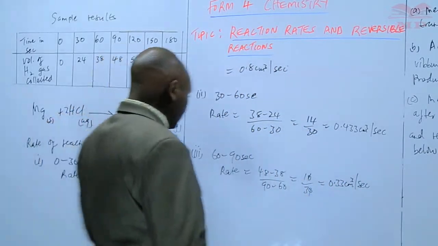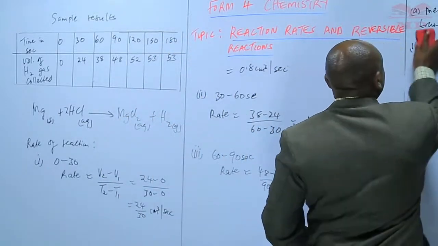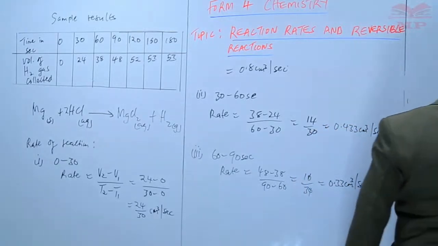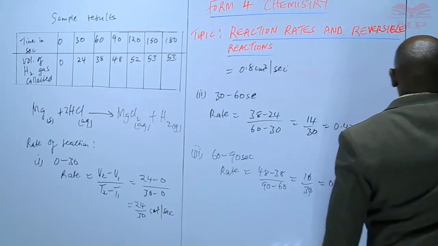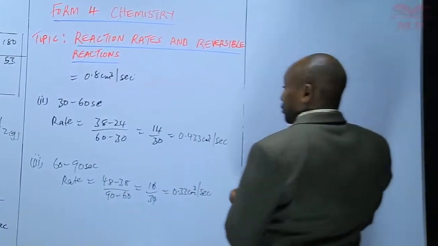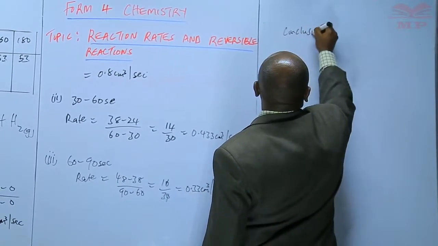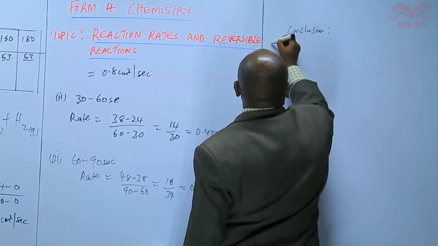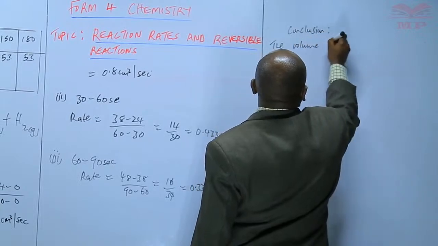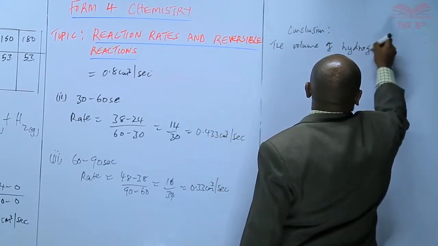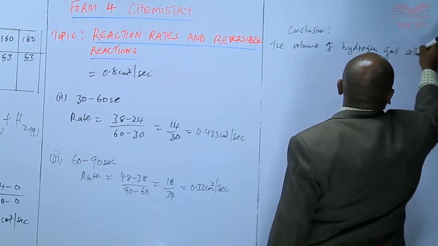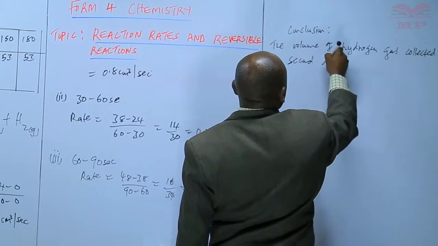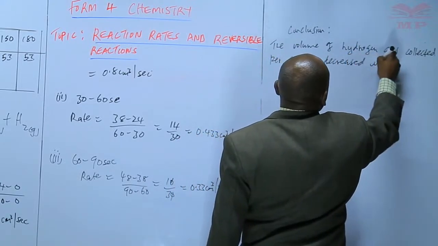So in other words, the conclusion is that the volume of hydrogen gas collected per second decreased with the time.